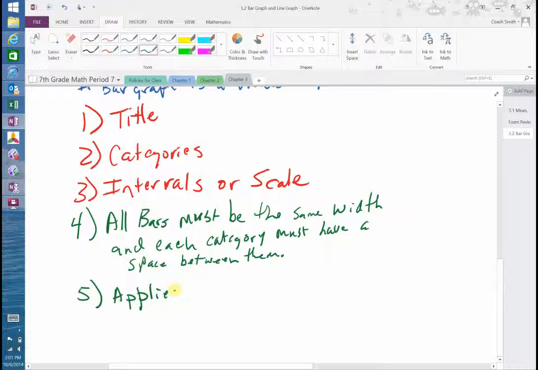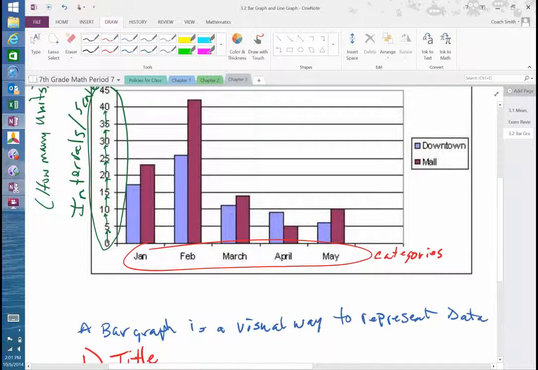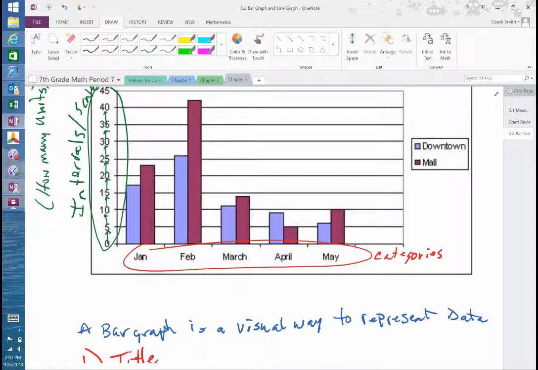Number 5 applies to multiple bars in a graph. Like this one, a double bar graph. How many bars are in each category? 2.